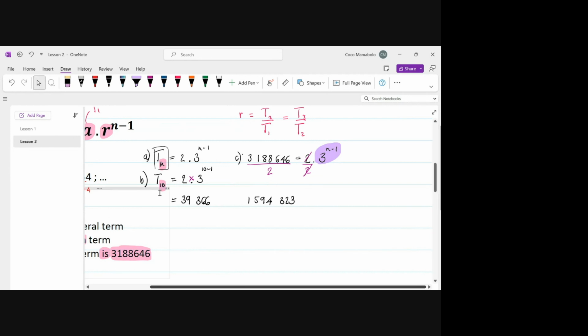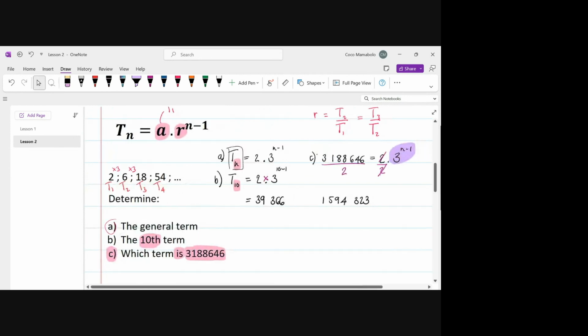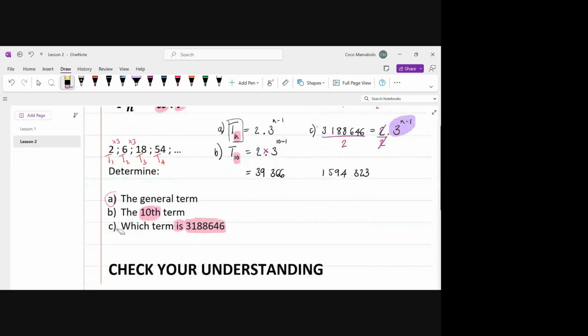All right, okay, let's go back to the wording, because I think the wording is the most important part. Okay, I want you to look at the difference between the way question B and question C is worded. All right, so question B says they are looking for the 10th term. Do you agree with me that 2 is the first term? This is the first term.